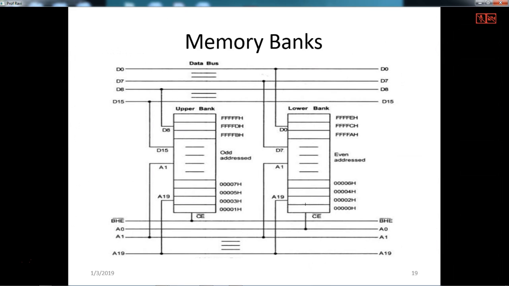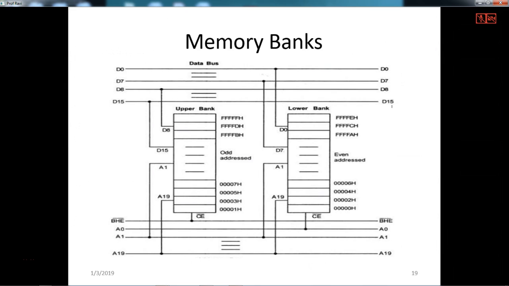for 8086 based systems you need 2 memory ICs. This we discussed very clearly in memory segmentation. The memory of 8086 is divided into two because 8086 has 16 data lines. It can take 16 bits of data at a time into the processor.